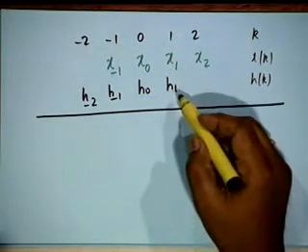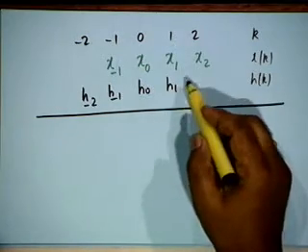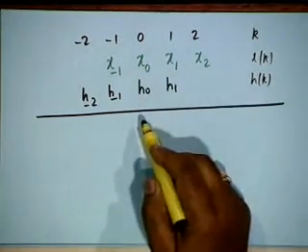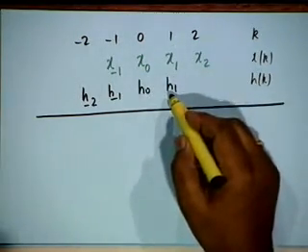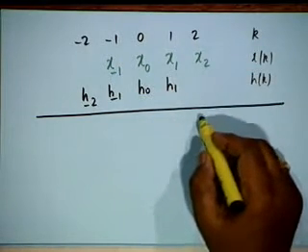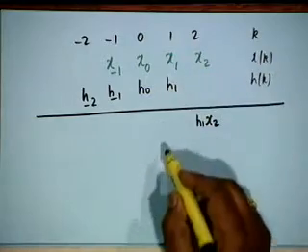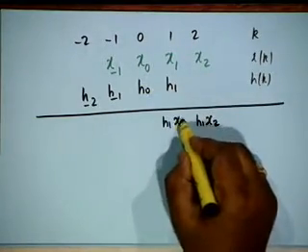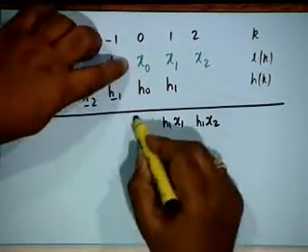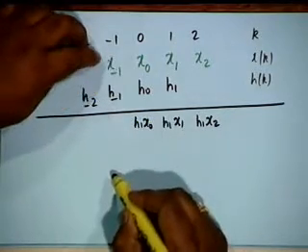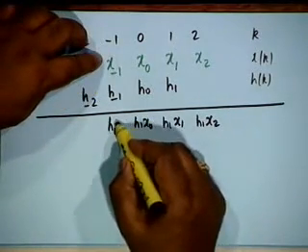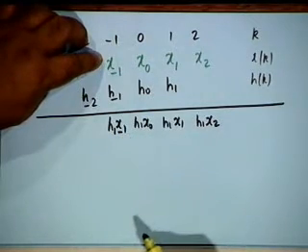And you multiply each of the upper row by each number in the lower row. That is, you put here h1 x2, h1 multiplies this, h1 x1, then h1 x0, then h1 x of minus 1. Agreed?